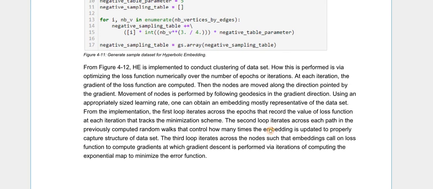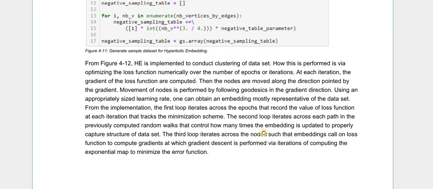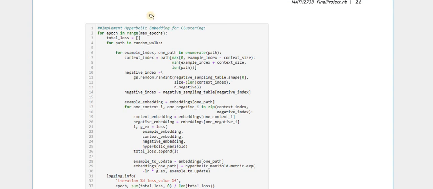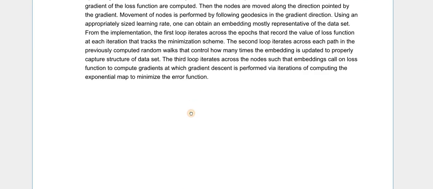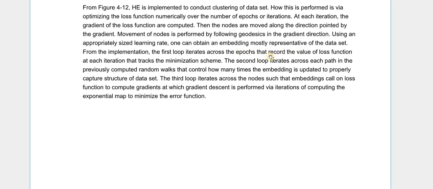So from this implementation, the first loop here is just looping through the number of iterations and will record the value of the loss function at each iteration. So it tracks whether we have the right minimum geodesics of the embedding. The second loop iterates across the path of the random walk.